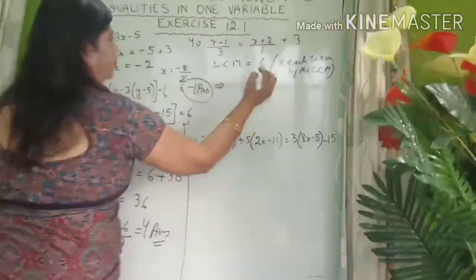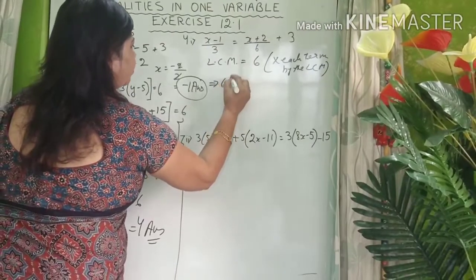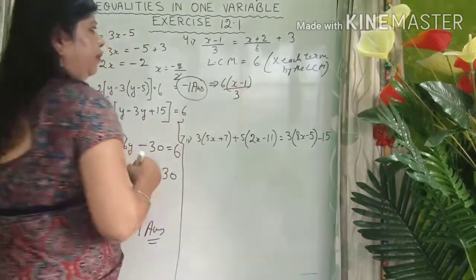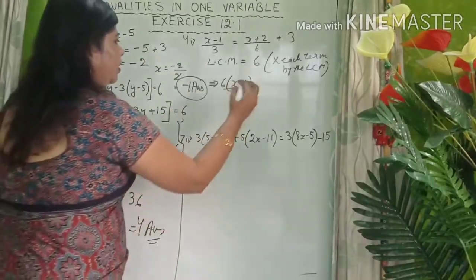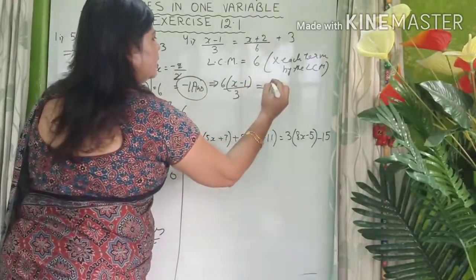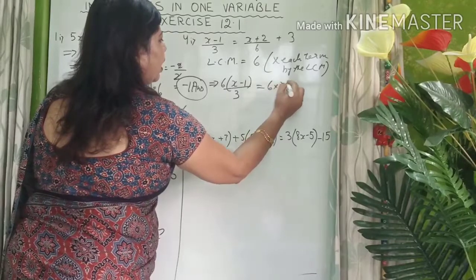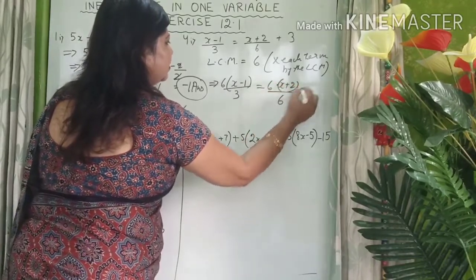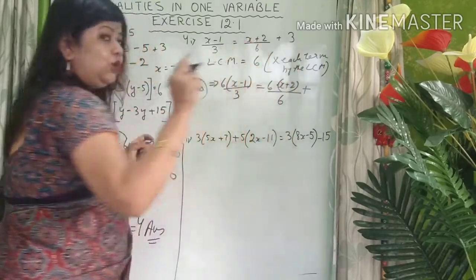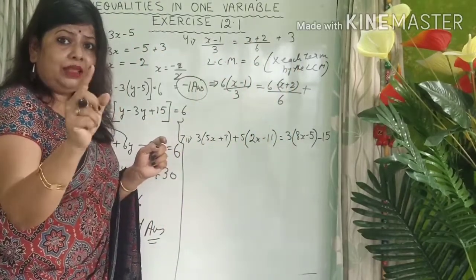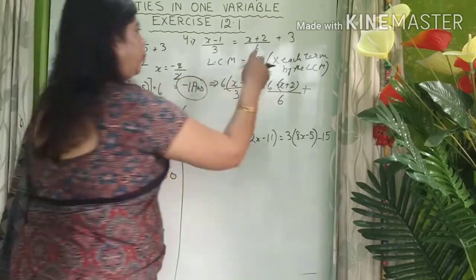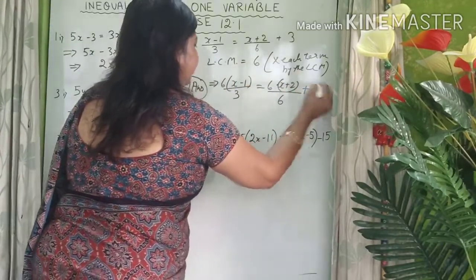That implies 6 into x minus 1 by 3. Okay, the first term. The second term, 6 into x plus 2 by 6 plus, don't miss out, 3 plus 3, that is a different term. So you have to multiply 3 also. 6 into 3.